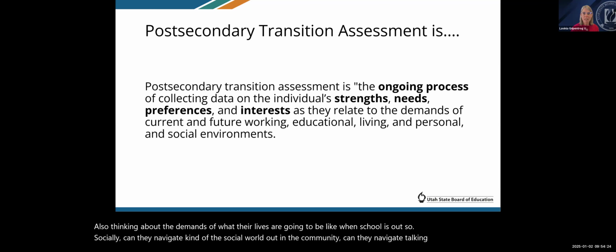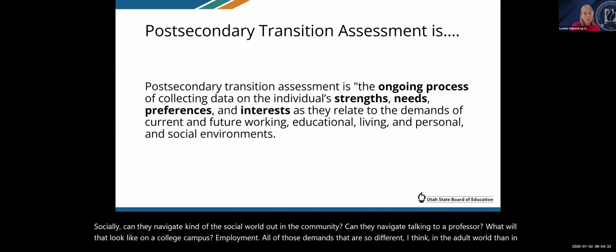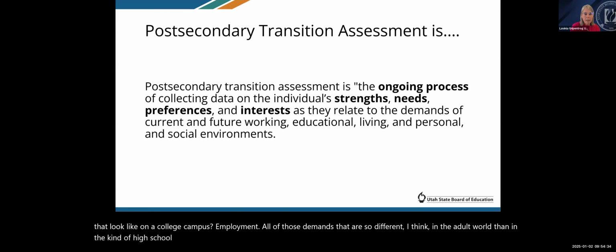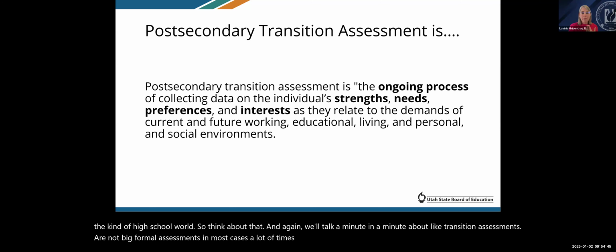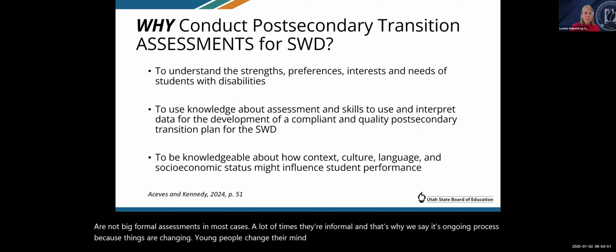What will that look like on a college campus? Employment, all of those demands that are so different in the adult world than in the high school world. So think about that. And again, we'll talk in a minute about how transition assessments are not big formal assessments in most cases. A lot of times they're informal, and that's why we say it's an ongoing process, because things are changing. Young people change their mind all the time.